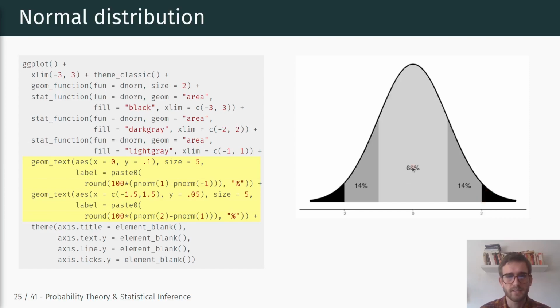And we know that 68% plus 28% approximately will combined sum up to about 95%. And so we know that between -2 and 2 standard deviations from the mean, that's basically 95% of the probability mass of the standard normal distribution.